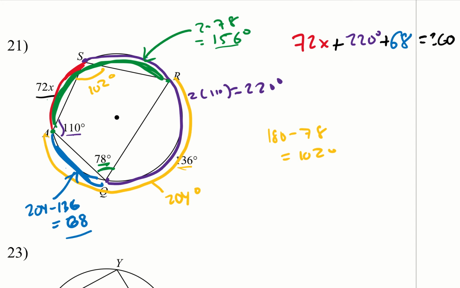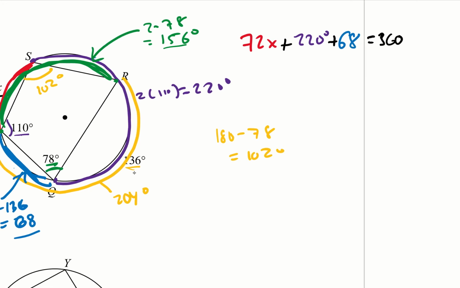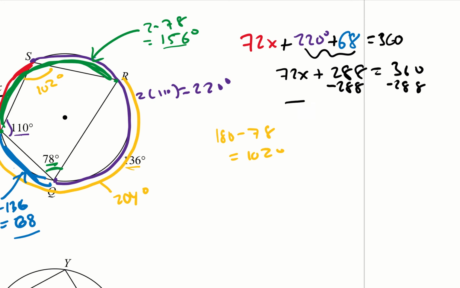I can use that to take advantage of that little fact. So I've got 72x plus, and I add this together, 288. Subtract 288 on both sides. And let's see here.